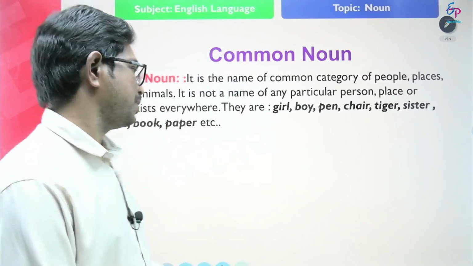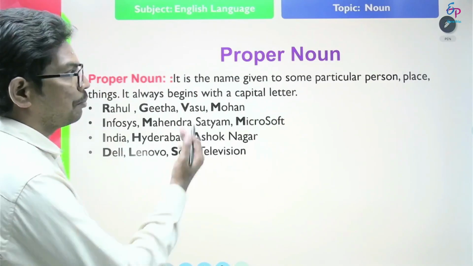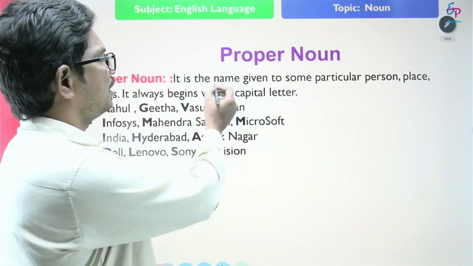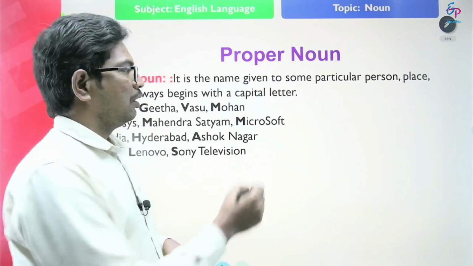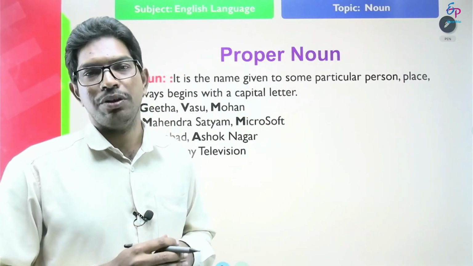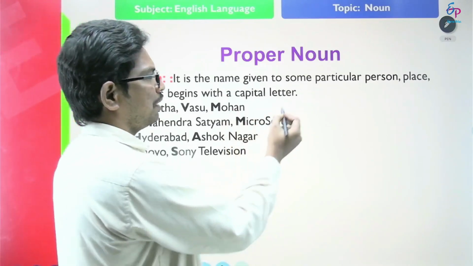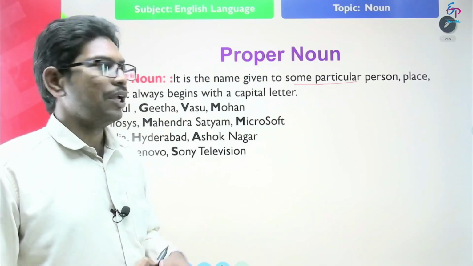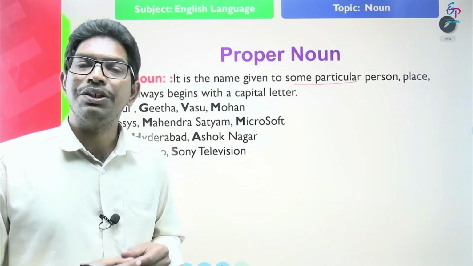Now let us discuss proper nouns. What is a proper noun? It is the name given to some particular person, place, thing, etc. It always starts with a capital letter.